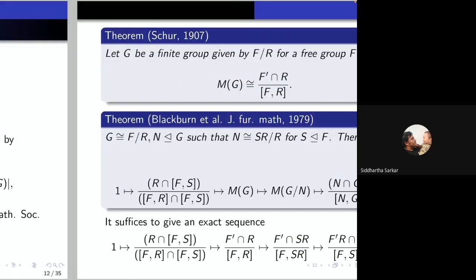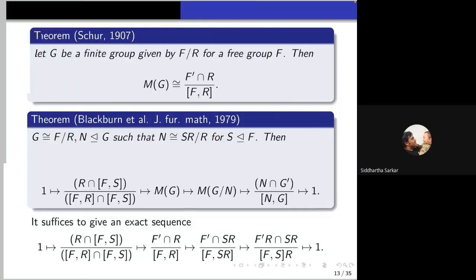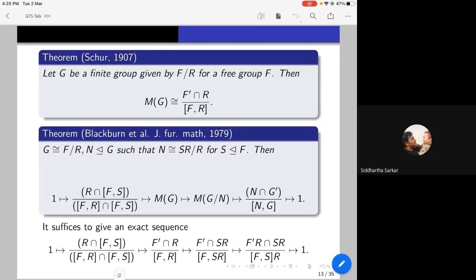What works here while investigating the order of the Schur multiplier are the exact sequences. It was proved by Schur that if G is a finite group given by F/R for a free group F, then M(G) is isomorphic to (F' ∩ R)/[F,R].